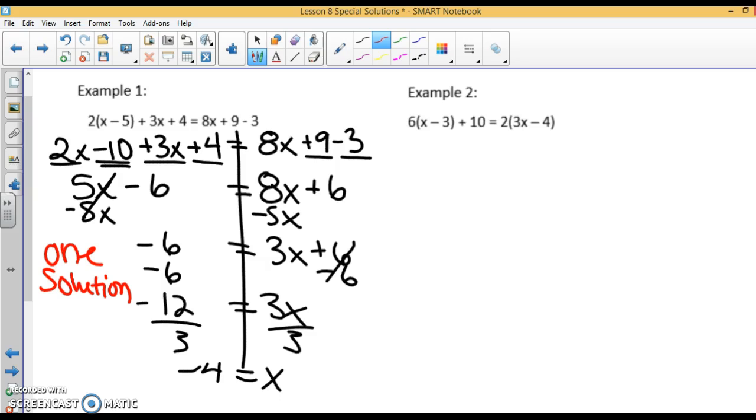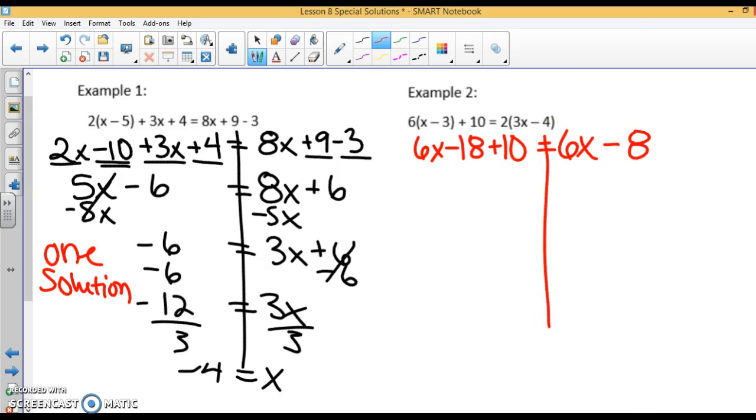Looking at my next example, I want to distribute to start off with. I have 6 times the quantity x minus 3 plus 10 equals 2 times the quantity 3x minus 4. So on my first side, I'm going to do 6 times x, which gives me 6x, and 6 times negative 3, which gives me negative 18, plus 10 equals my other side, or I'm going to distribute 2 to my 3x, which gives me 6x, and then 2 times my negative 4, which gives me negative 8.